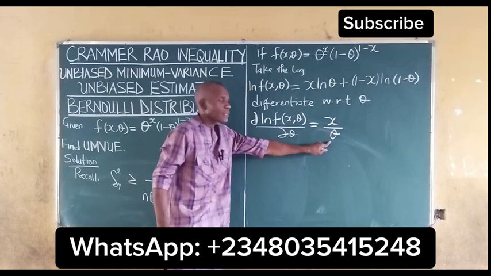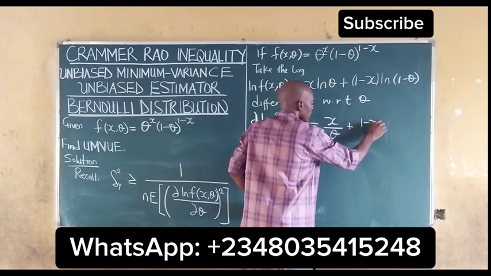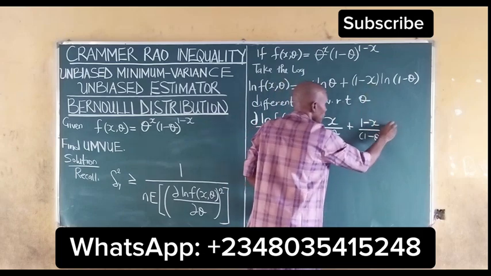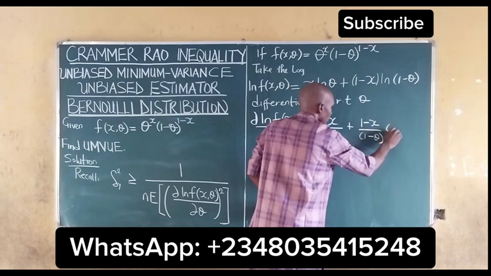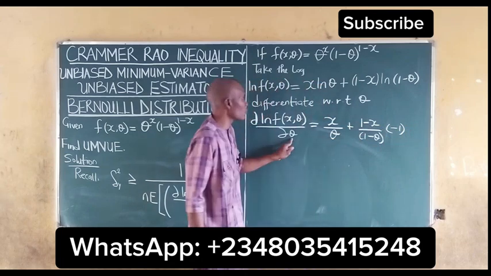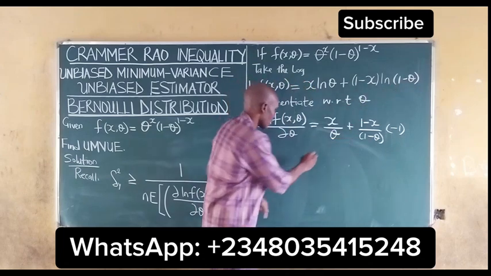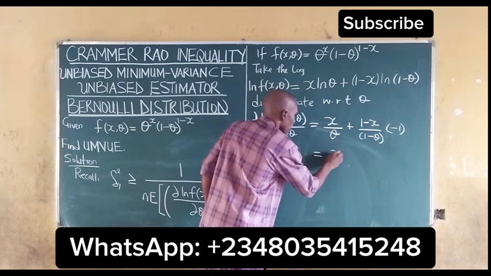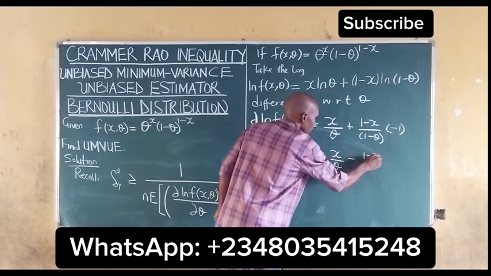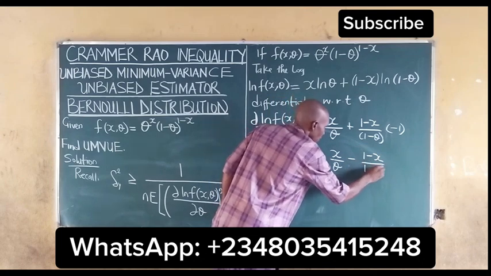If we differentiate the other term, we get plus 1 minus x all over 1 minus theta multiplied by minus 1, because we are differentiating with respect to theta. So writing it out properly, we have x all over theta minus 1 minus x all over 1 minus theta.